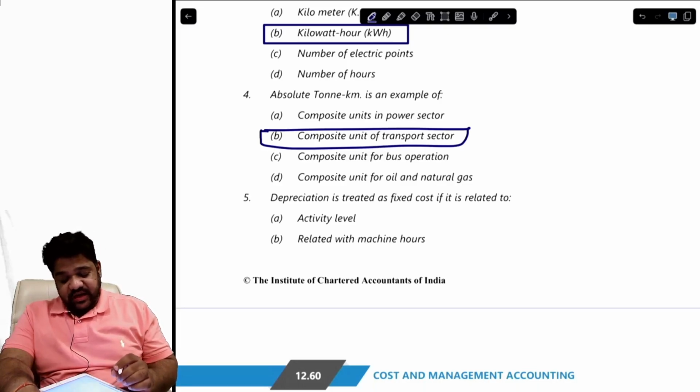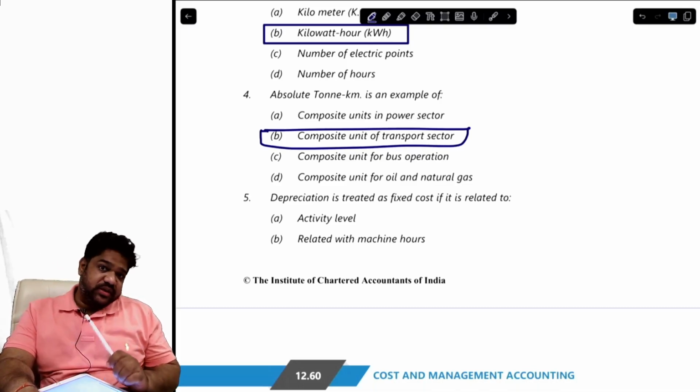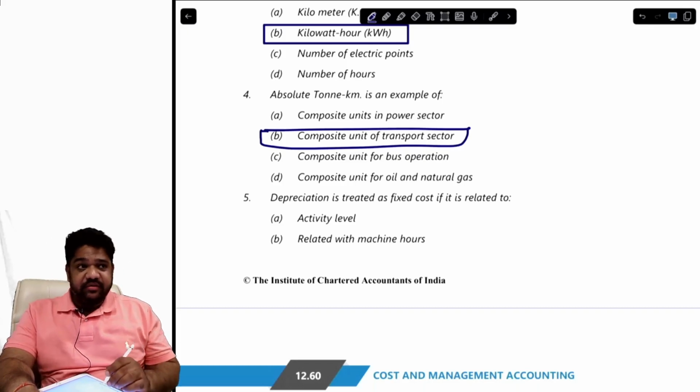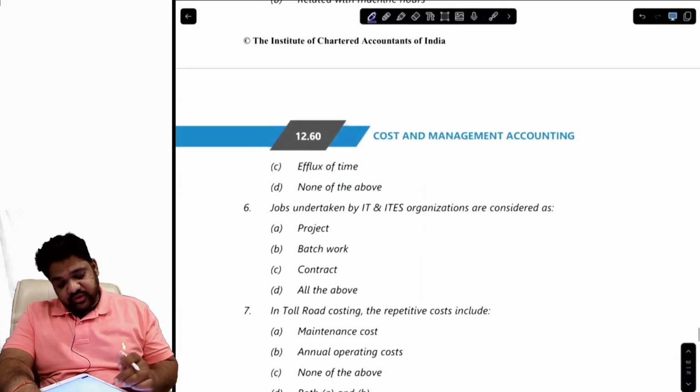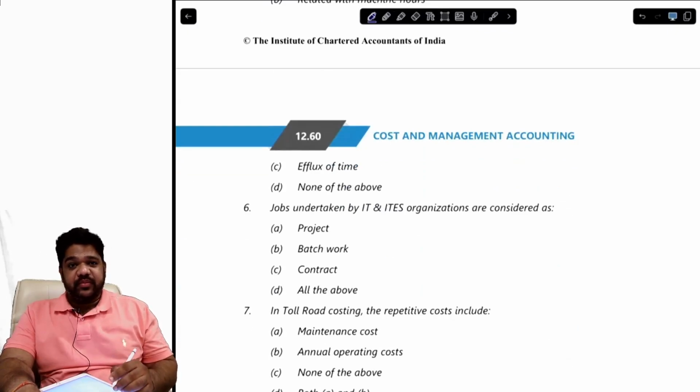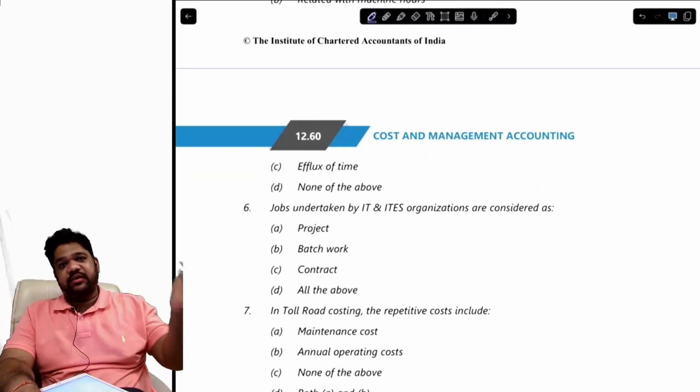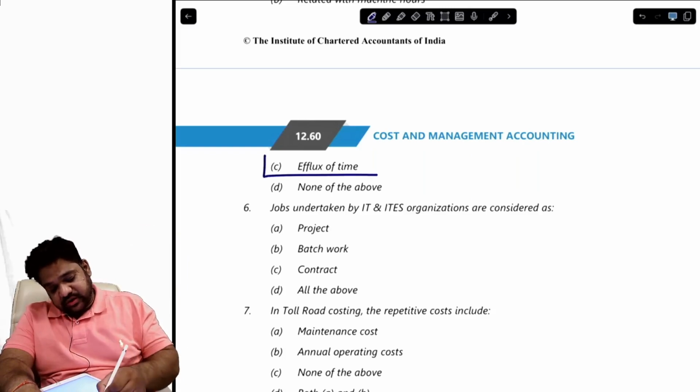Depreciation is treated as fixed cost if it is related to activity level. So if it is changing with the activity, then it is not a fixed cost. Related with machines, again not a fixed cost. Influx of time, as in how old it gets, that much will be the depreciation. This one is the right one.